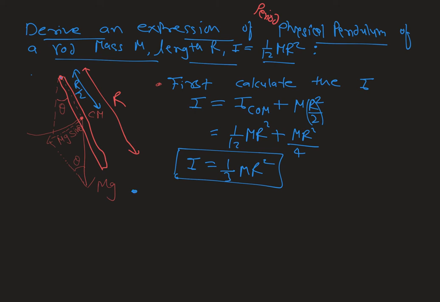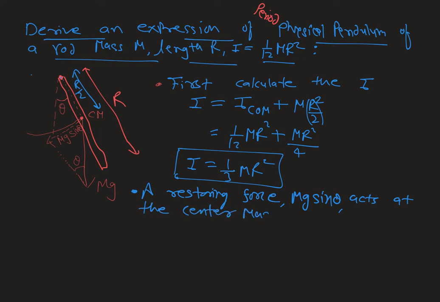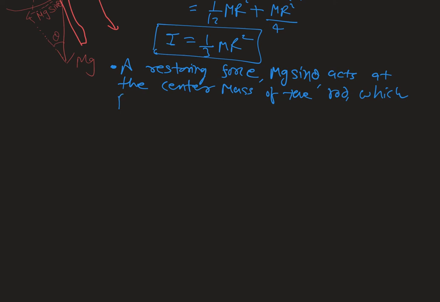So we can write that the torque tau is equal to r/2, which is the perpendicular distance, times mg sine theta, and that is the torque.